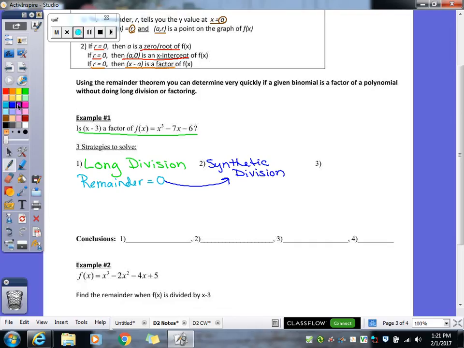Now the third way we can find out if it is a factor is take your x minus 3, kind of like we would for our synthetic division, and set it equal to 0. What would our x be? 3. So then just take that 3 and plug it into your polynomial for your x values. And then let's see what number we get.